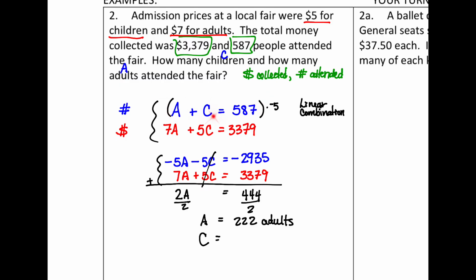I would choose the first blue one because it's the easiest. However, you also know that the combination of two of them equals the 587. And if you know that there were this many adults, all you have to do is subtract 222 and we get 365 children.